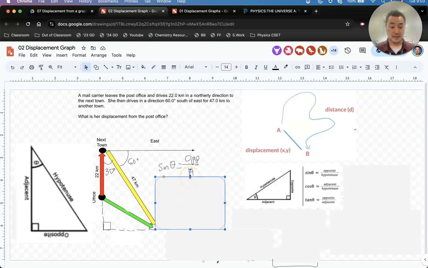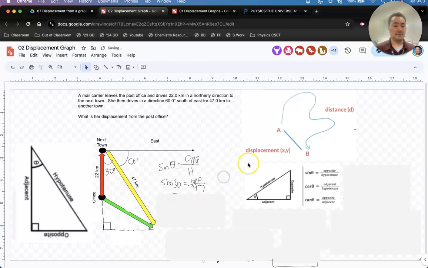Sine theta is sine 30, and the hypotenuse is 47. Everyone see that? If this opposite is this opposite, then we want to solve for opposite. If this hypotenuse is 47, then hypotenuse is 47. Now let's solve. This is just like the tangent problem in our clinometer problem.